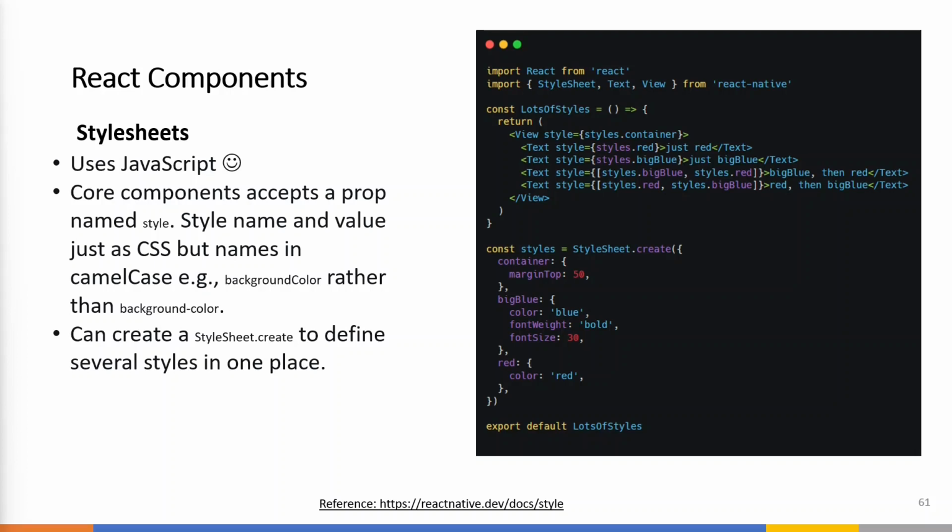We can also create a style sheet with StyleSheet.create to define several styles in one place, like CSS on a website. The code on the right side portrays this kind of usage. So that is all about React Native from my side, and my colleague will continue the presentation with the topic of Ionic and Xamarin. Thank you.